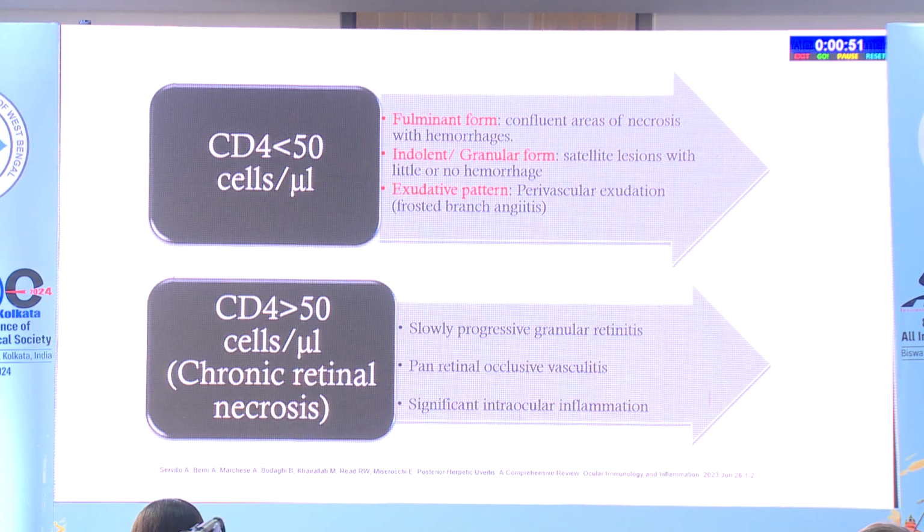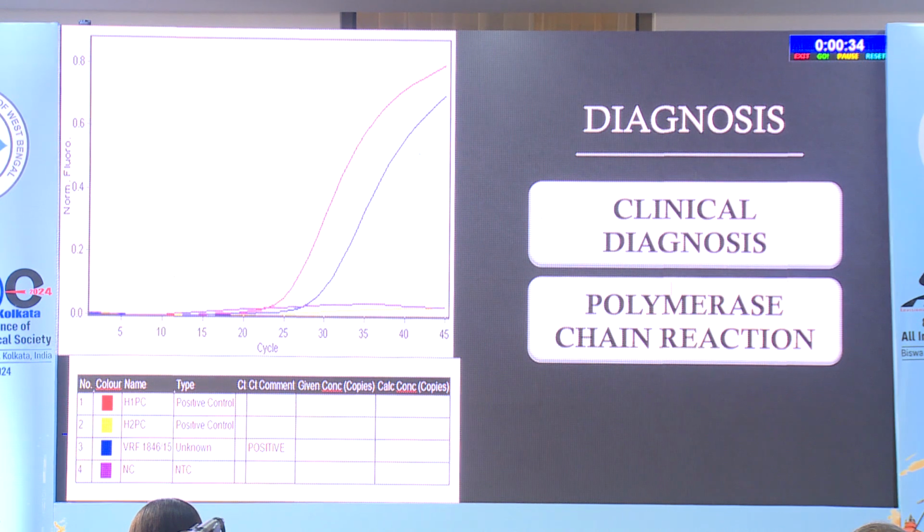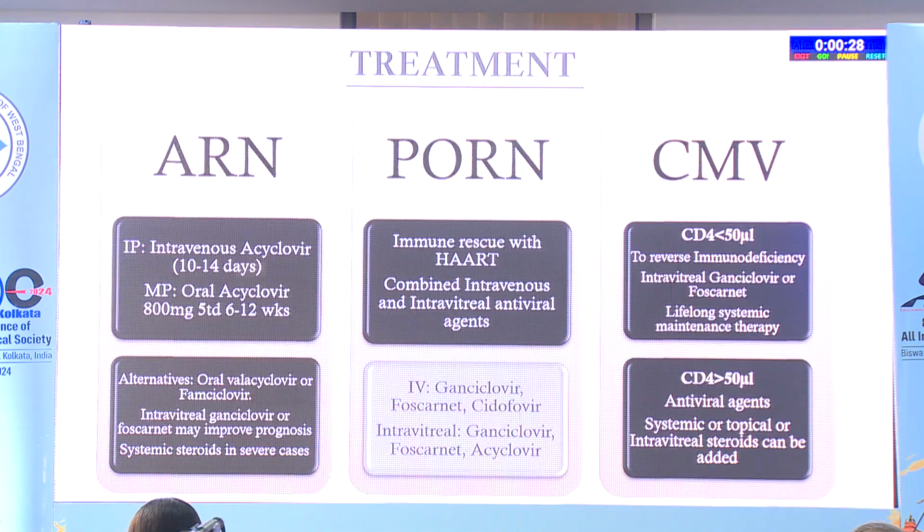When the CD4 count is less than 50 cells, there is a fulminant form, indolent and granular type, exudative pattern. With more than 50 cells per cubic millimeter CD4 count, they can have slowly progressive granular retinitis, panretinal occlusive vasculitis, significant intraocular inflammation. Viral retinitis is one of the conditions where PCR is indicated to find out what type of virus.